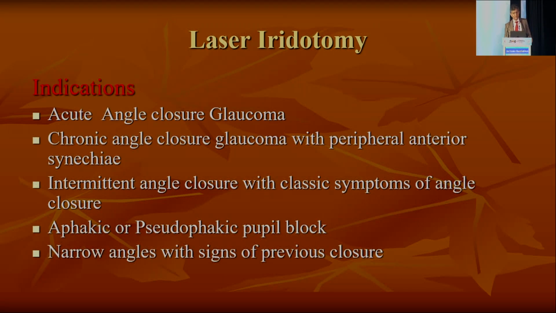If the mechanism is pupil block, then iridotomy is useful. So in which patients are you going to contemplate doing an iridotomy? In an acute angle closure situation, definitely you would want to do it. In chronic angle closure with peripheral anterior synechiae, the patient gets classified as angle closure. In the international classification of closed angles and narrow angles, angle closure suspect is just appositional closure.